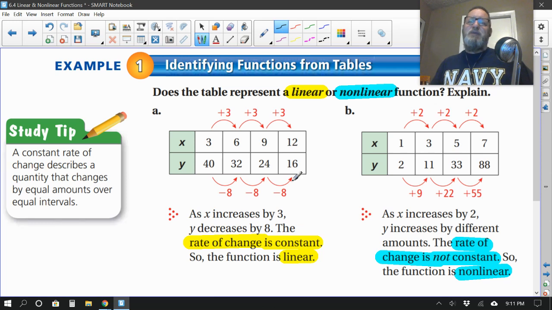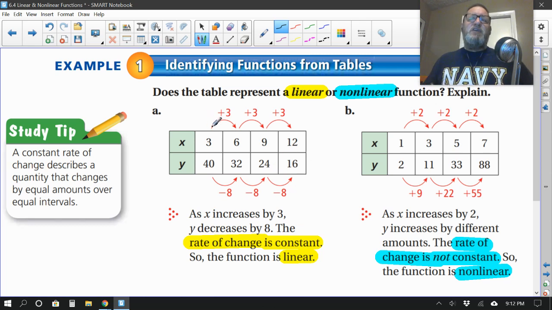All right, so here's some examples that the book created for us. Do we have linear or nonlinear functions? Well, you can see there's one of each, but let's walk through them. Here in A does have a constant rate of change, so it is linear. Our X's are increasing by 3. Our Y's, 40 to 32, down to 24, down to 16, they're decreasing by 8.